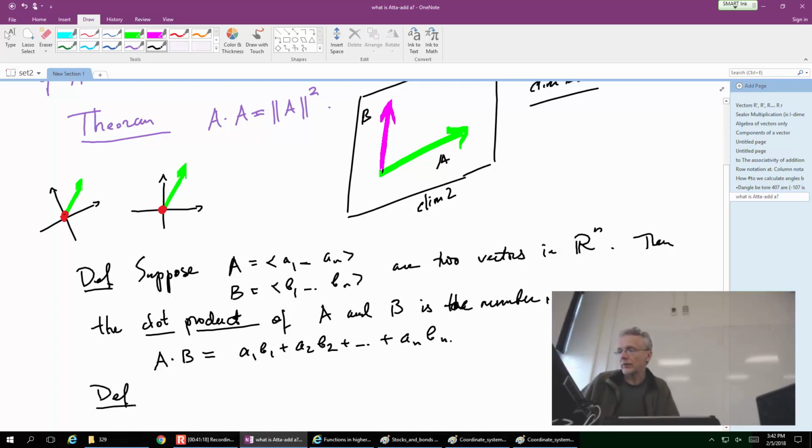So once again, with the same setting, let me just continue with this definition. So I'll just say the angle between A and B. Now this time I require A and B not equal to 0.